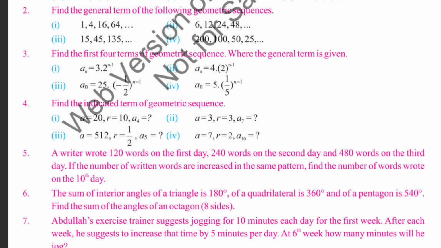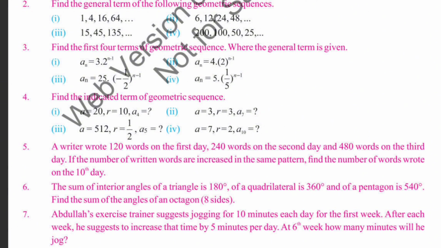Now question number 7. First we read question number 7. Abdullah's exercise trainer suggests jogging for 10 minutes each day for the first week. Okay, the first week is 10 minutes of jogging.